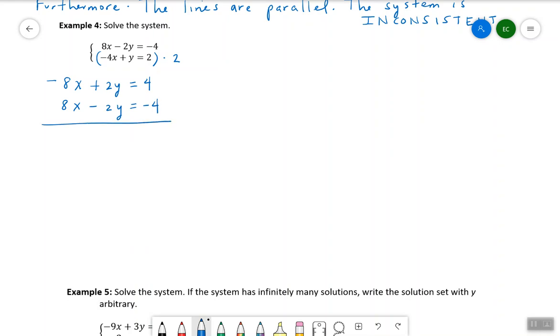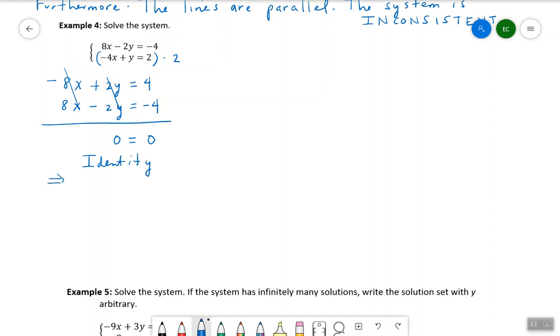And this time, when I add the two equations together, x's and y's both cancel out, just like in the previous example. But on the other side, 4 minus 4, those also cancel, and so we're left with 0 equals 0. We learned a long time ago to call that an identity.